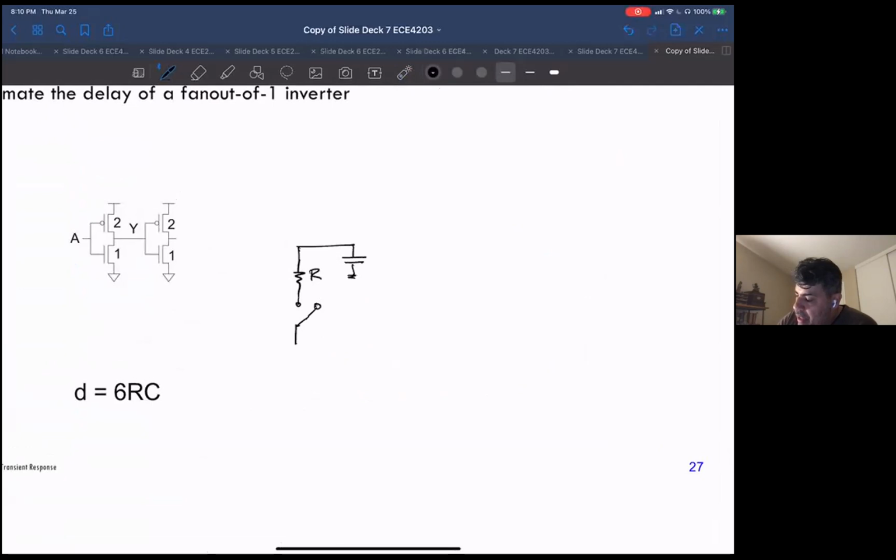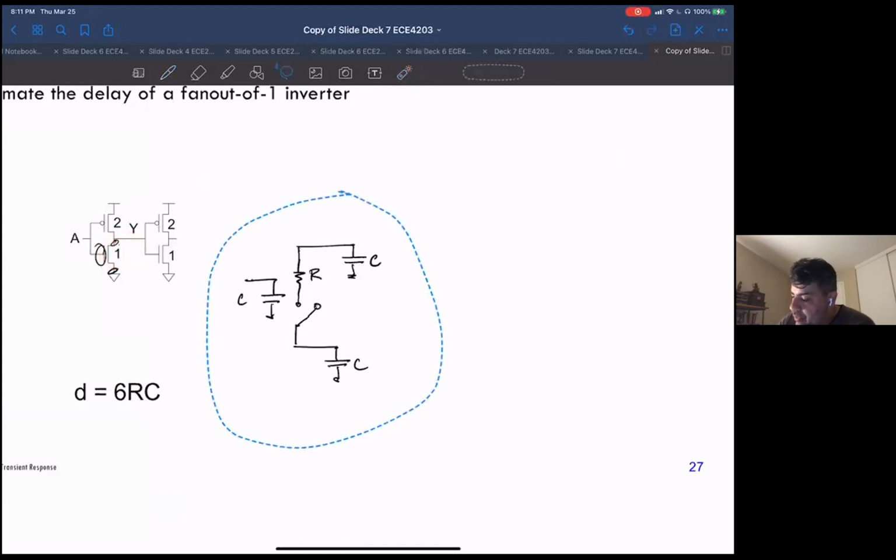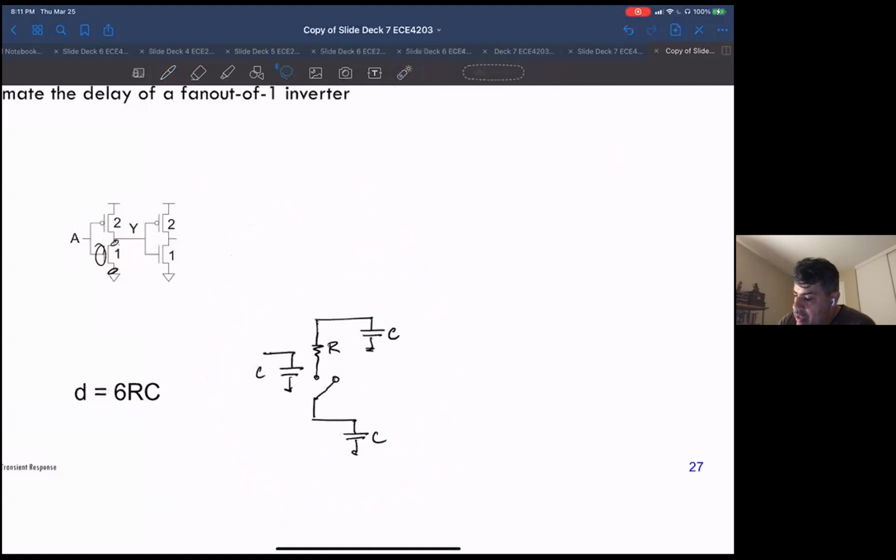This is the capacitance of the drain of this guy. This is the capacitance of the source. And this is going to be the capacitance of the gate. It's all times 1 because in this case, K is equal to 1. So this was our NMOS.